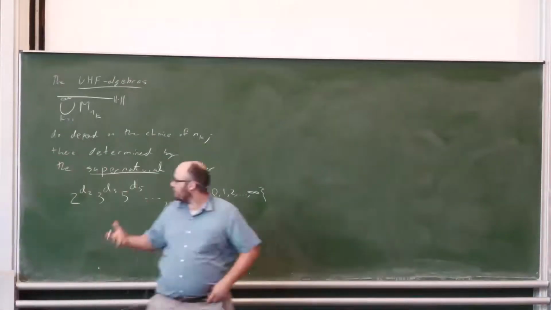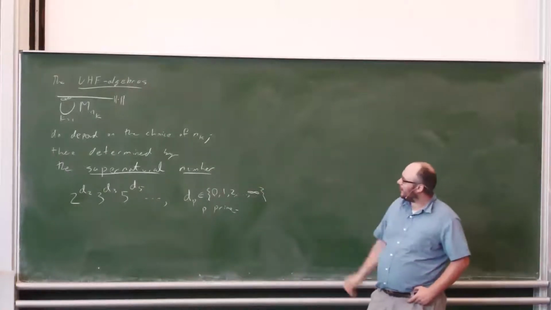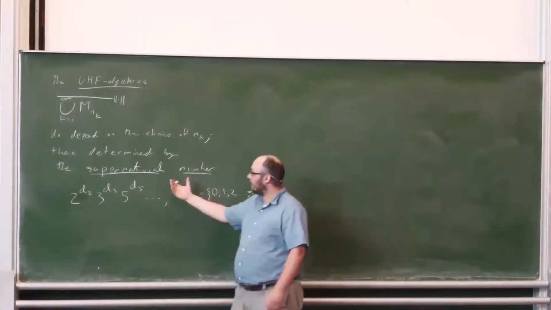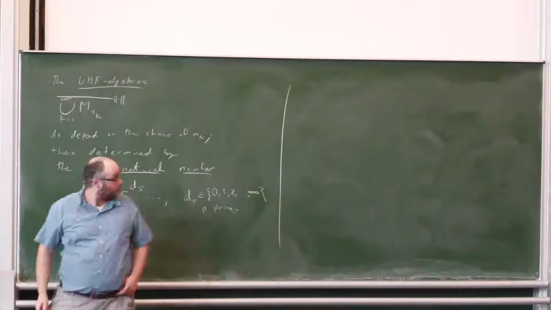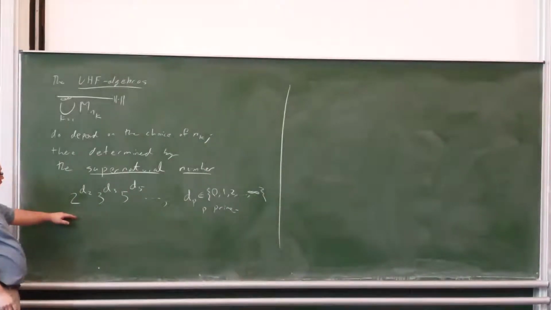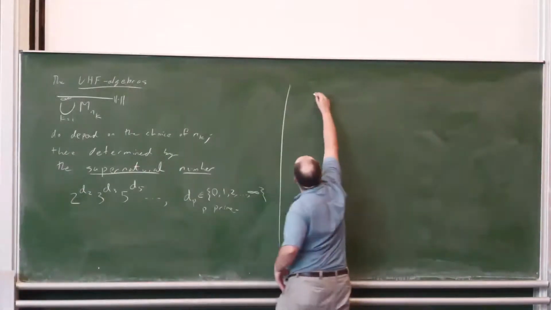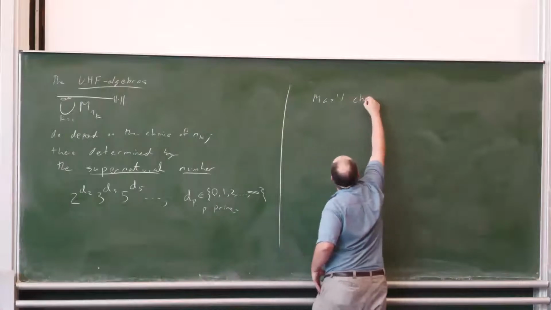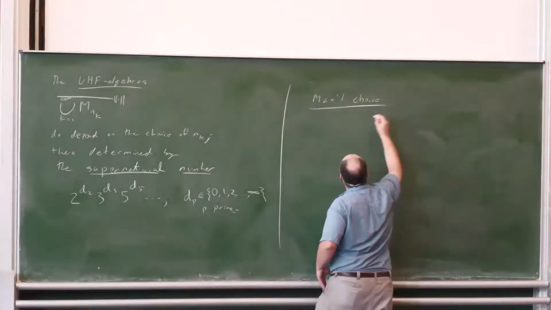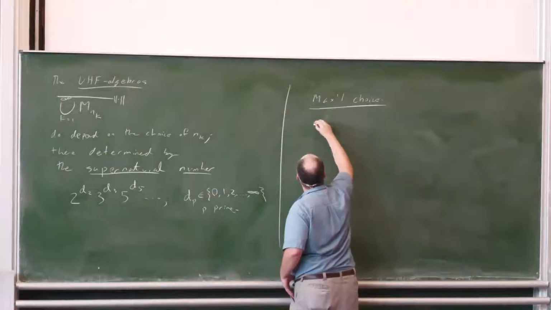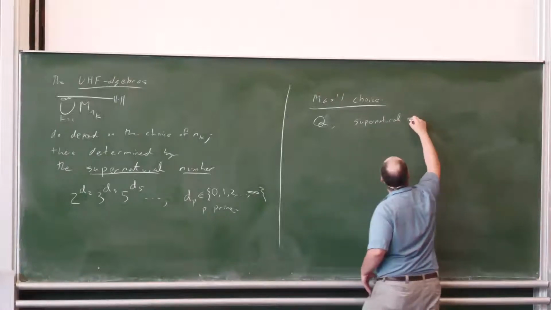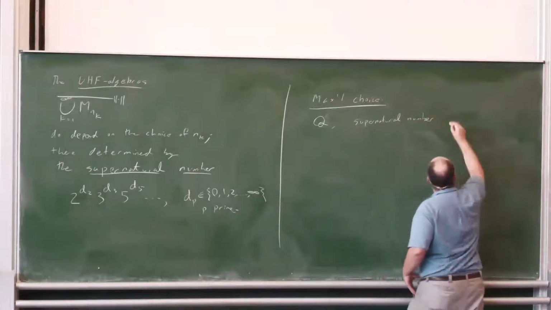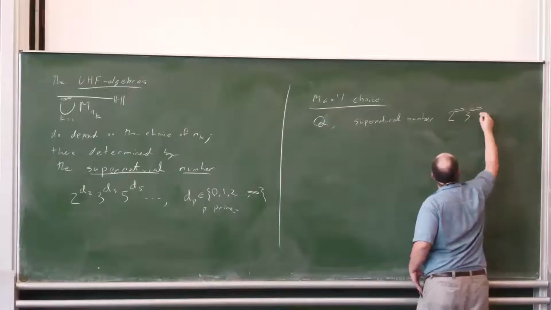So in some sense, any of these could play the role of R, and you somehow want to choose the correct one. Among all these UHF algebras, there is the largest one, usually called Q, where you take the supernatural number with every exponent to be infinity.